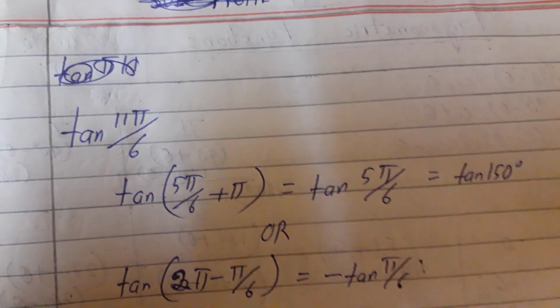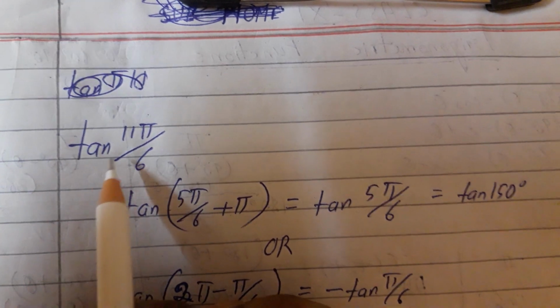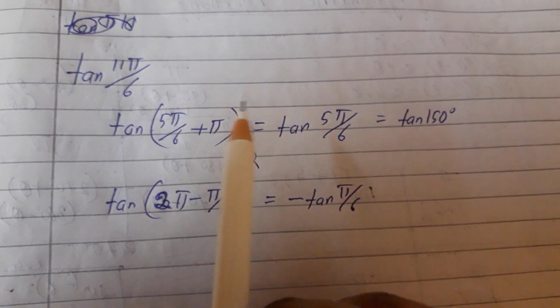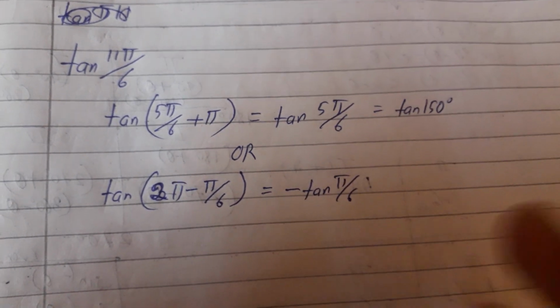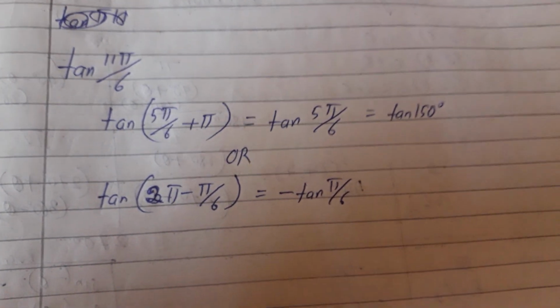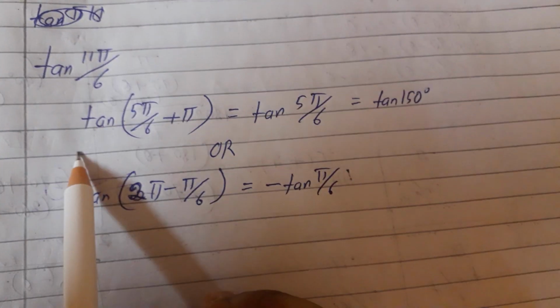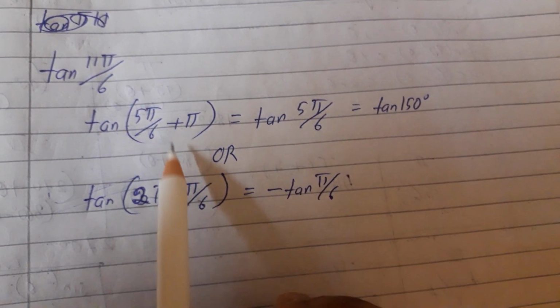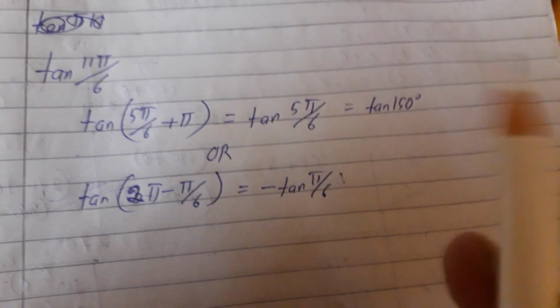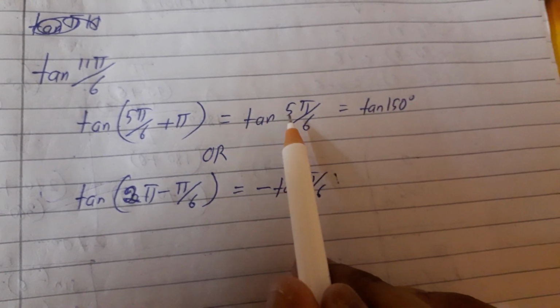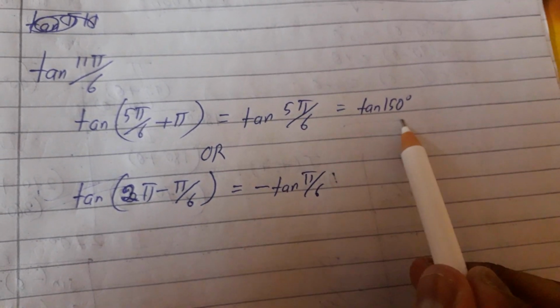Okay, now see, you have to evaluate tan 11 pi by 6. Now see, 11 pi by 6, you can expand this angle, you can evaluate this sum in two ways, but I prefer this way only. Why? You see, you can write 11 pi by 6 as pi plus 5 pi by 6, that will come tan 5 pi by 6, and see the angle came.